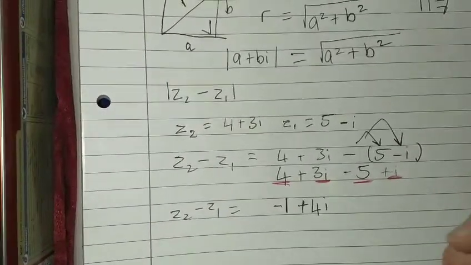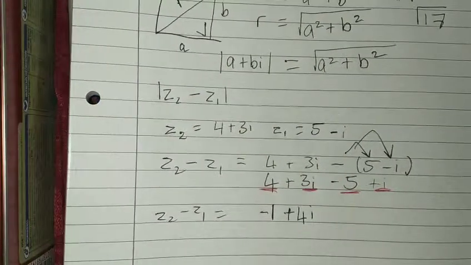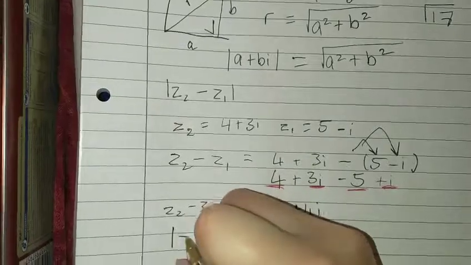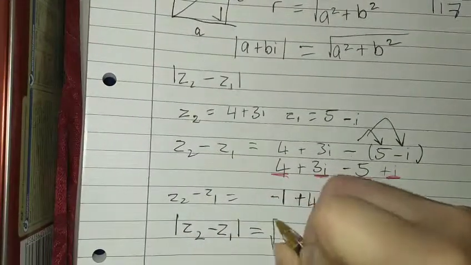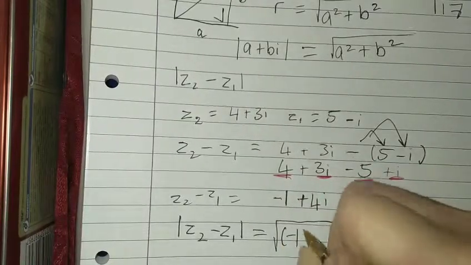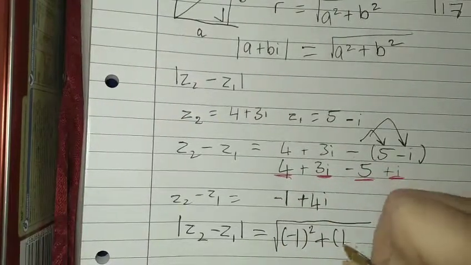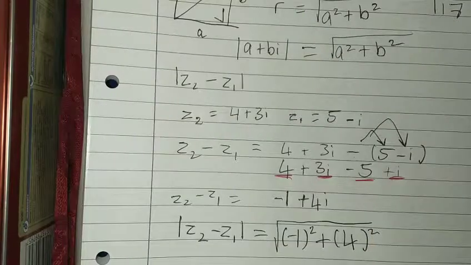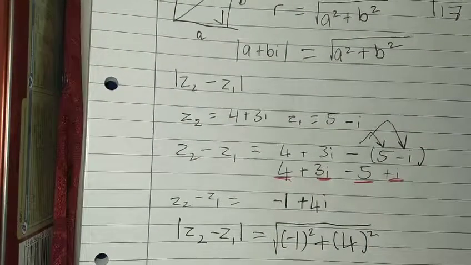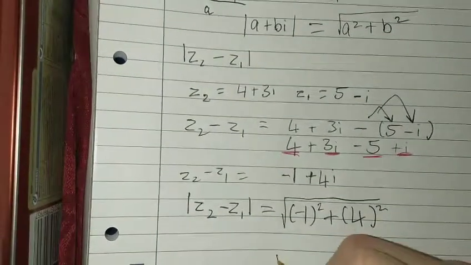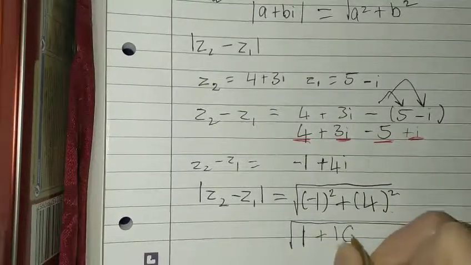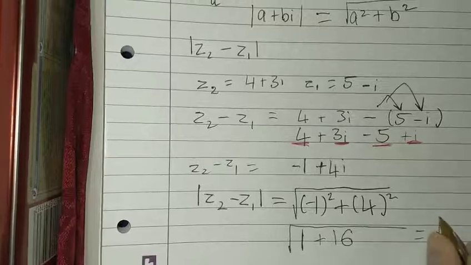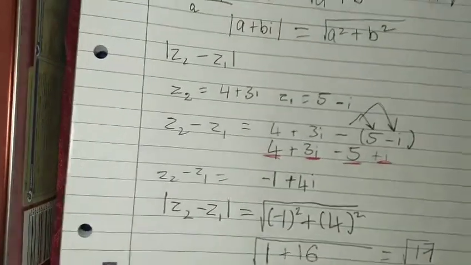And now I have z2 minus z1, so I now have to get the modulus of that. So I proceed to get that the same way as I got the other one. So the modulus of z2 minus z1 is equal to the square root of minus 1 squared plus 4 squared. So then we get 1 plus 16, and then we get the square root of 17.